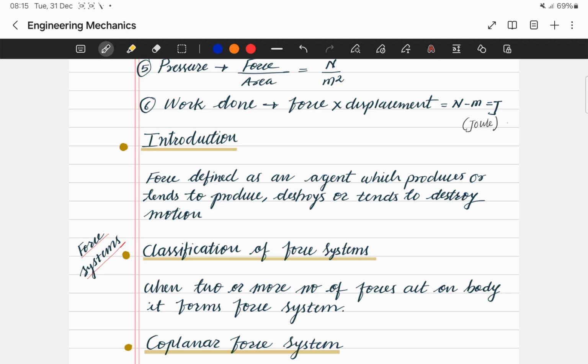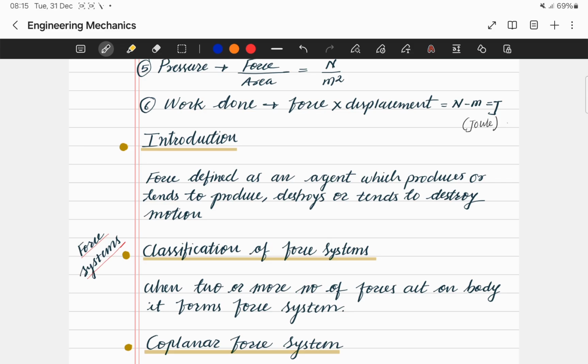Suppose a body is in motion and you want to stop it, then the force, or that agent, has to be applied in the direction opposite to the motion of that body. So the function of the force here is that the body which was in motion, we have stopped by applying this agent, that is nothing but the force.